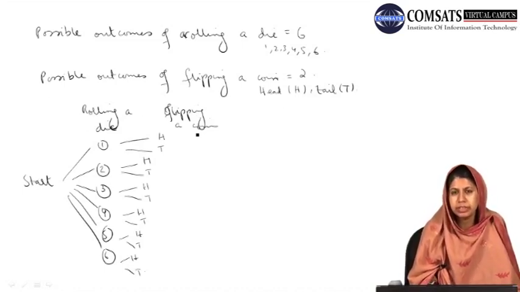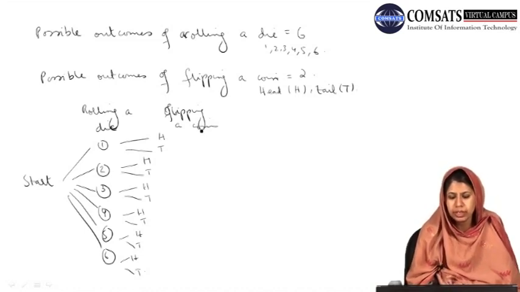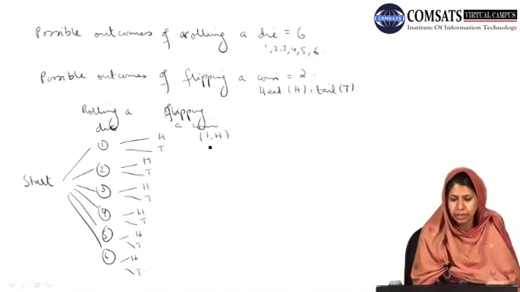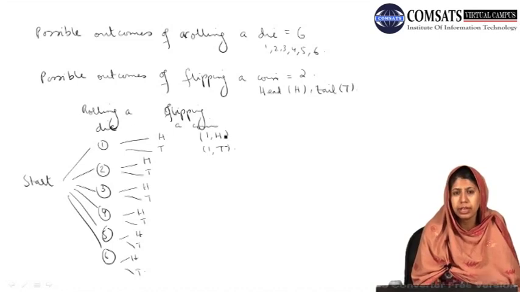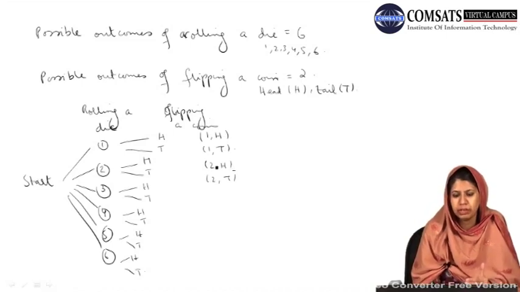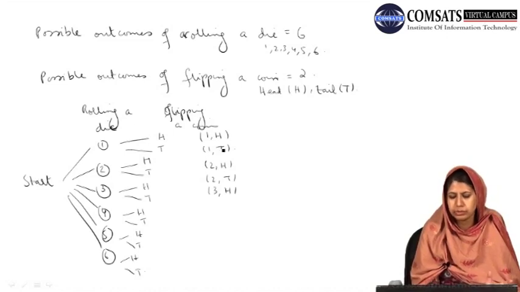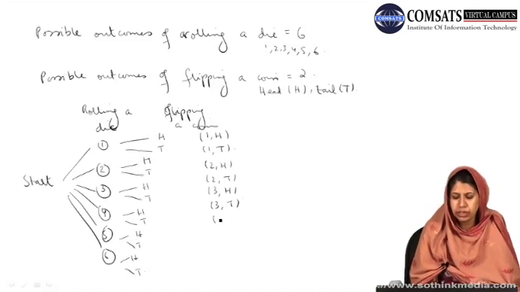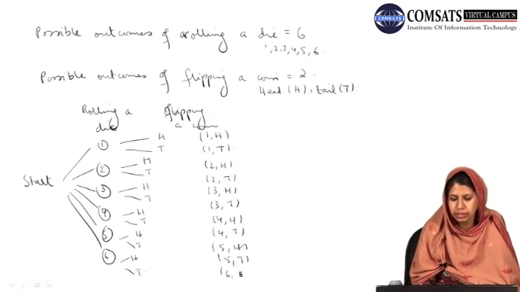That is, let's say if we roll a die and 1 comes and then we flip a coin and head comes, then the first possible outcome is 1 and a head. Or if the tail comes, then 1 and a tail. And similarly we have 10 more possible outcomes for the remaining 5 numbers. That is, our possible outcomes are 1 head 1 tail, 2 head 2 tail, 3 head 3 tail, 4 head 4 tail, 5 head 5 tail, and the last two 6 head and 6 tail.